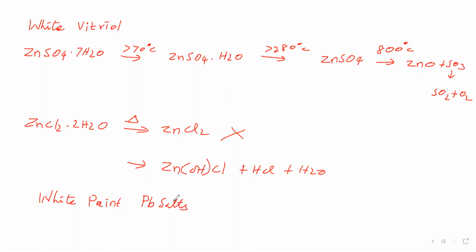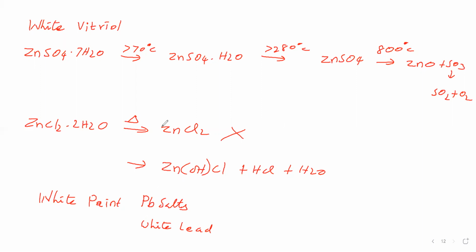Therefore, if you use white lead, the white color becomes black due to the pollutant H2S gas.